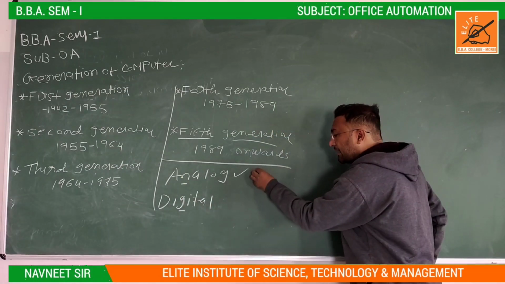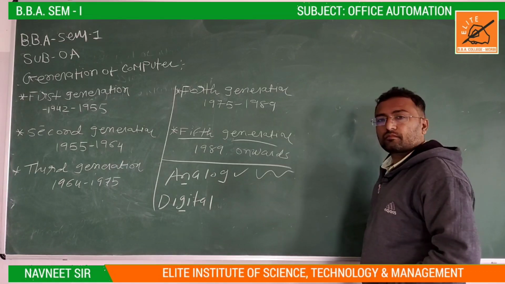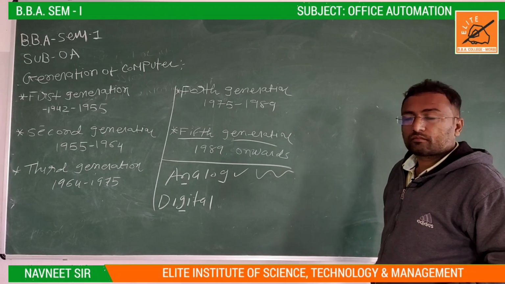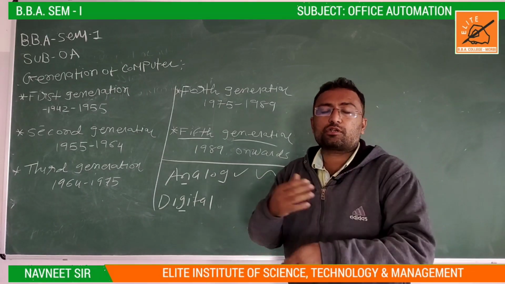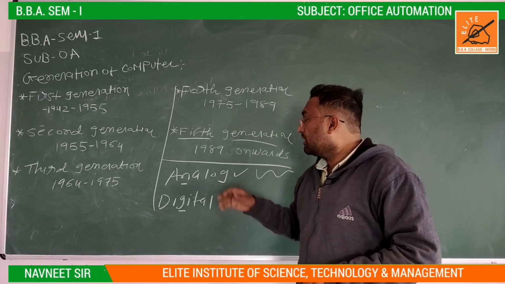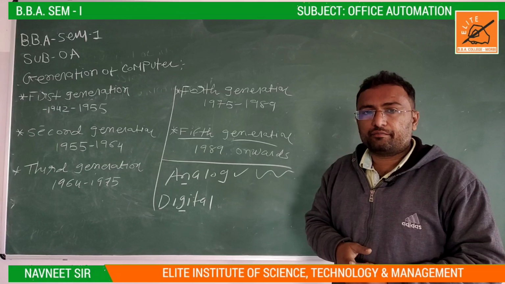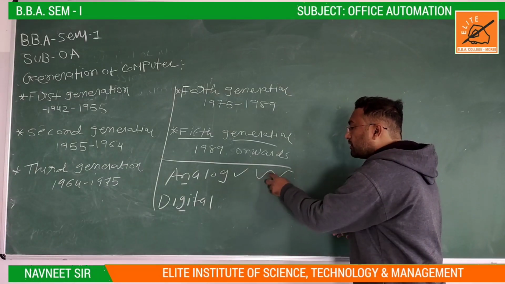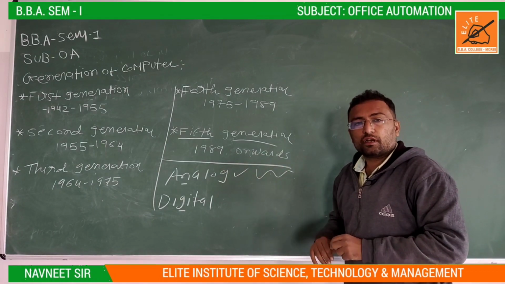Analog signal like this, frequency, this data was provided to the computer. It processes and then provides the result in analog format. This is the way analog signal was sent as an input.